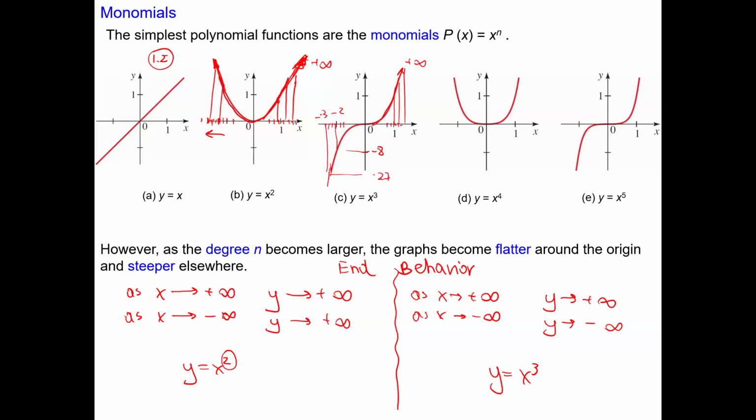Theoretically we're decreasing, as x is going in the negative direction, negative infinity, and then the y values are also going to negative infinity. Okay, that means the end behavior is really important.